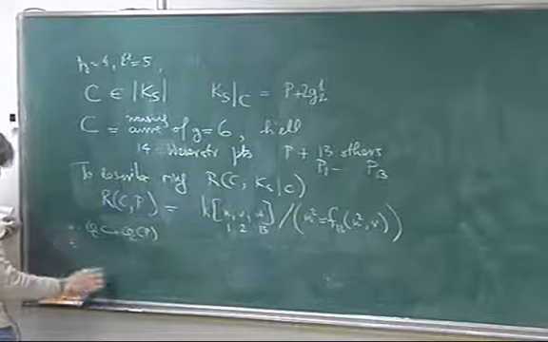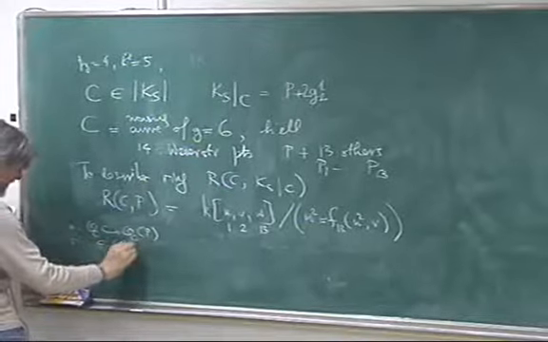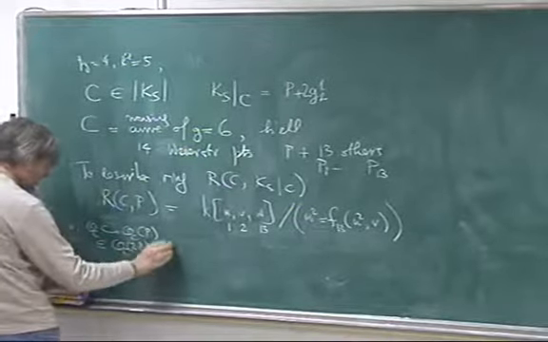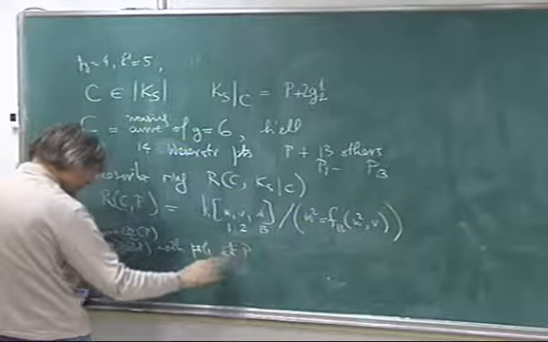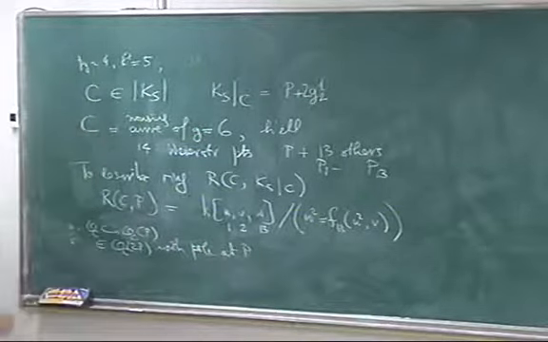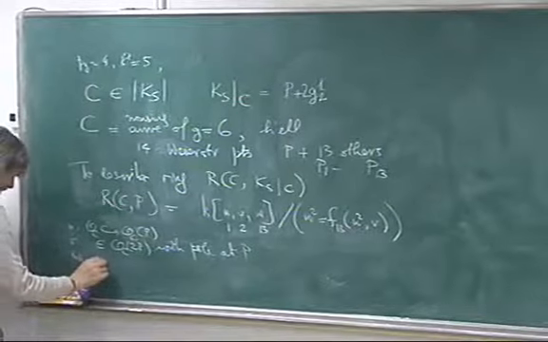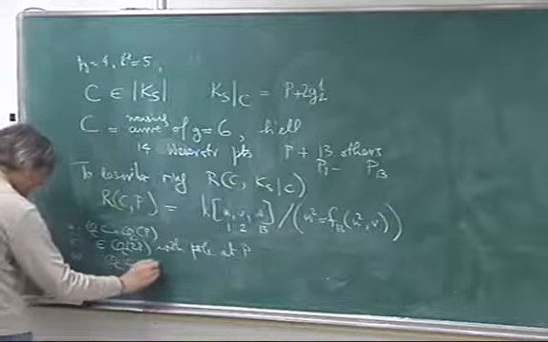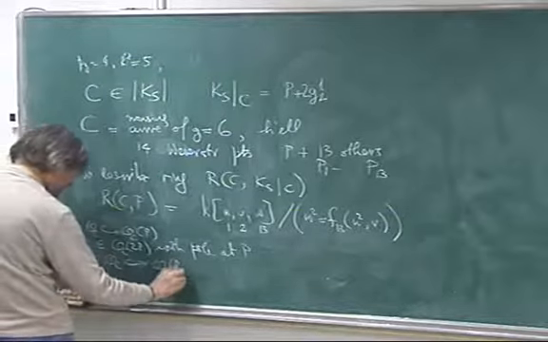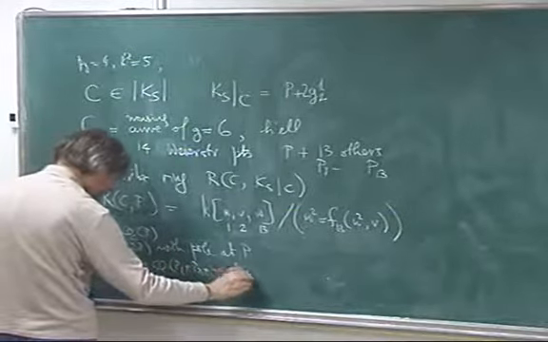V is a section of O_C(2P) with a pole of order 2 at P, and W is O_C embedded into O_C(P1 plus P2 plus ... plus P13).